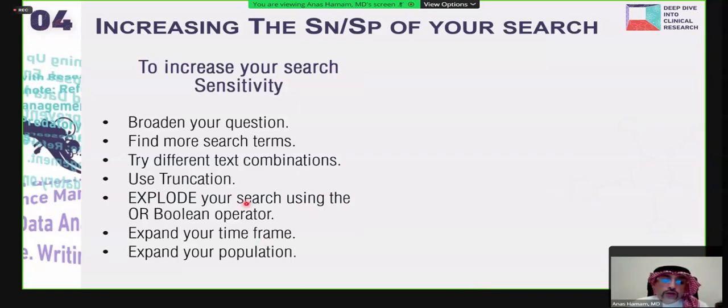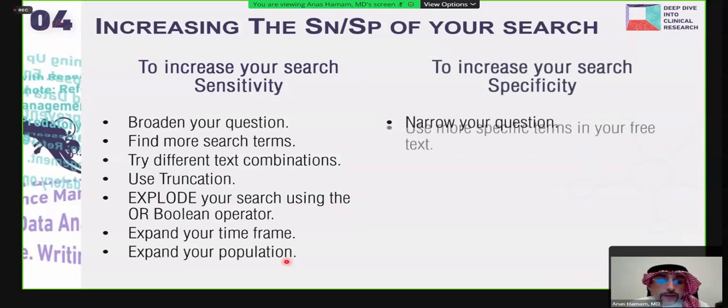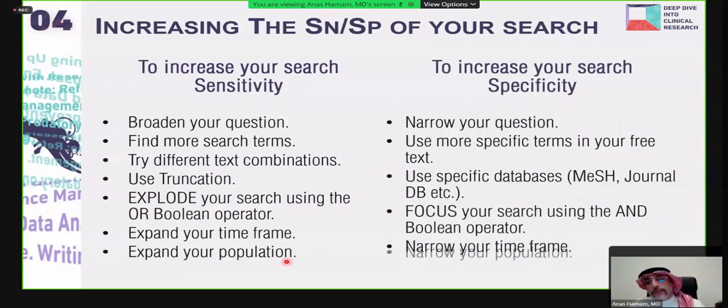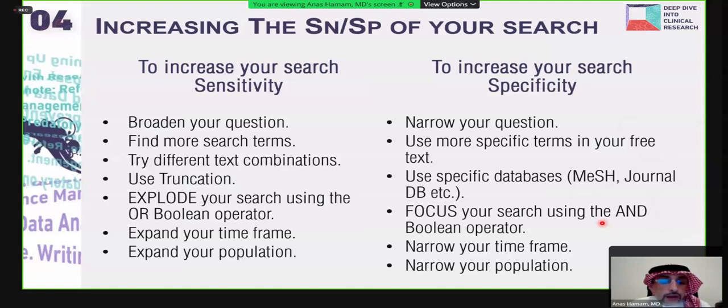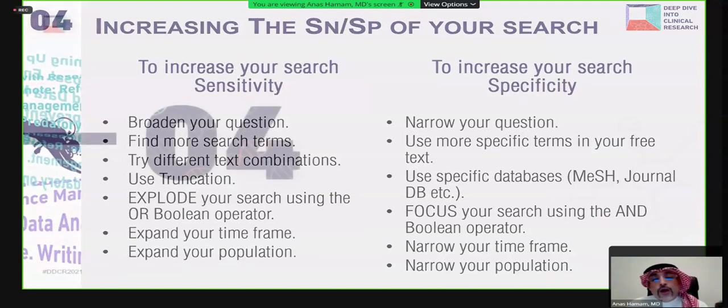You can use truncation to explode your search. You can use the OR Boolean operator. You can increase your time frame. On the other hand, if you need to have it more specific, you will be doing the opposite. So you'll limit your time. You will use the AND operator. You will limit your population, and so on and so forth.